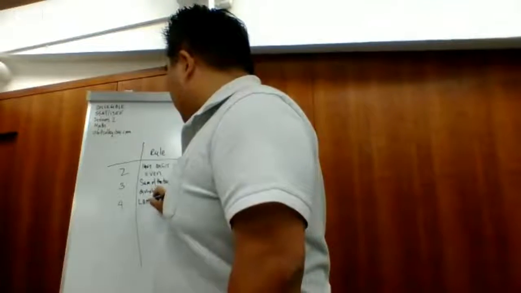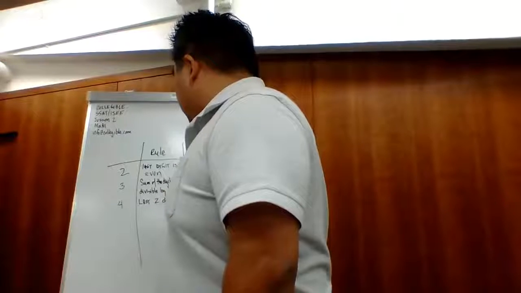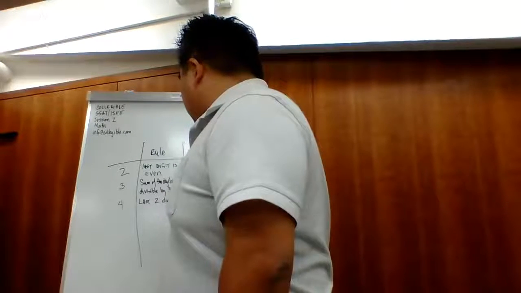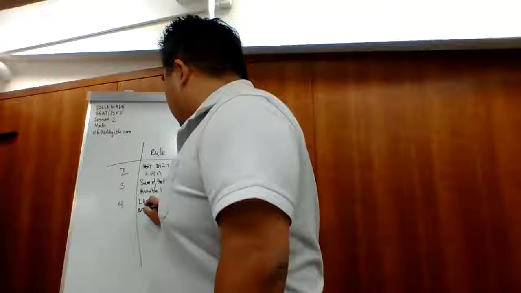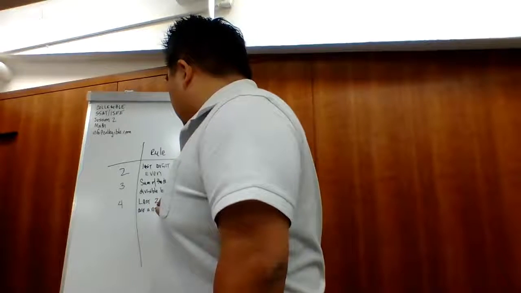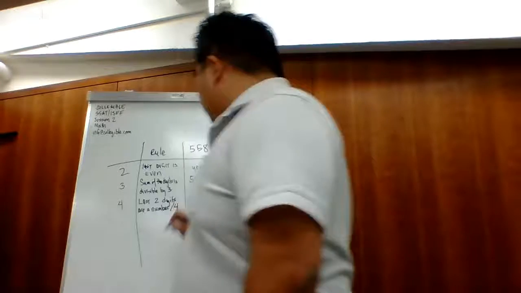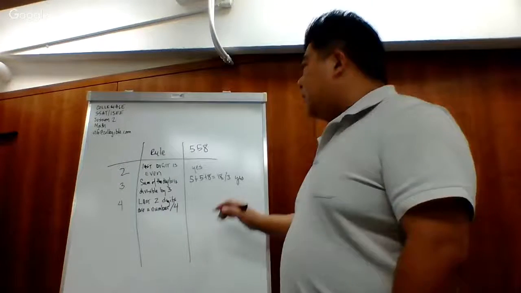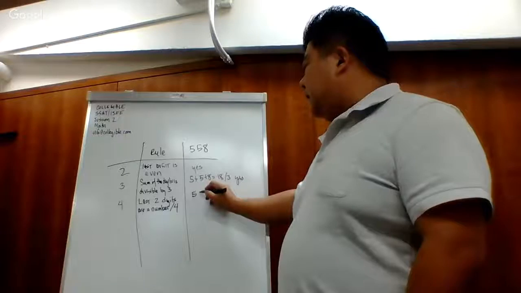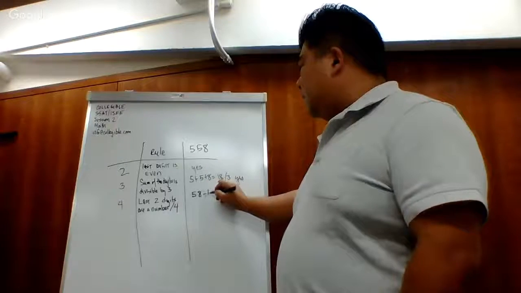So I'll write that in here. So divisible by 4. So our last 2 digits are 58. Henry, is that divisible by 4?